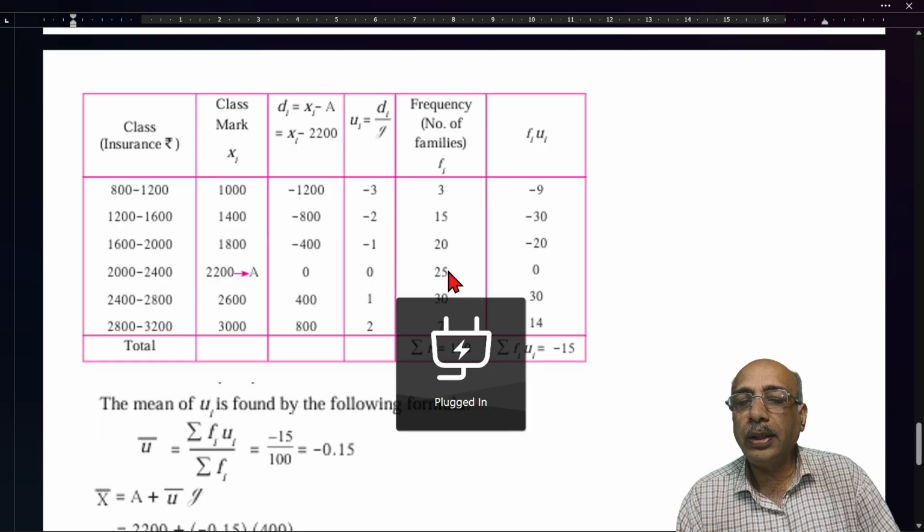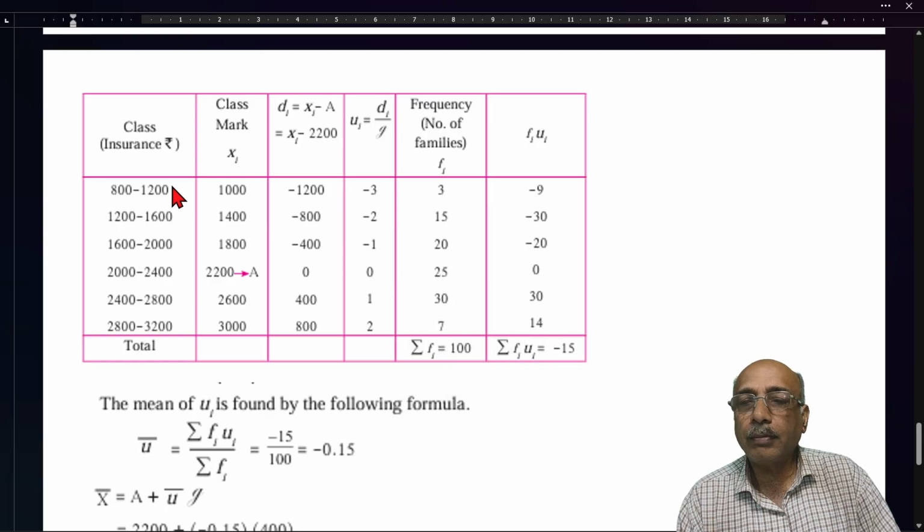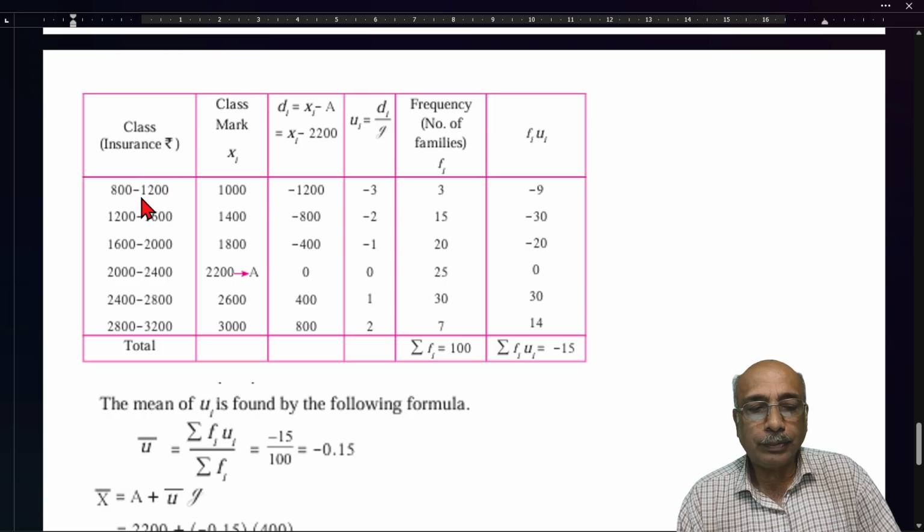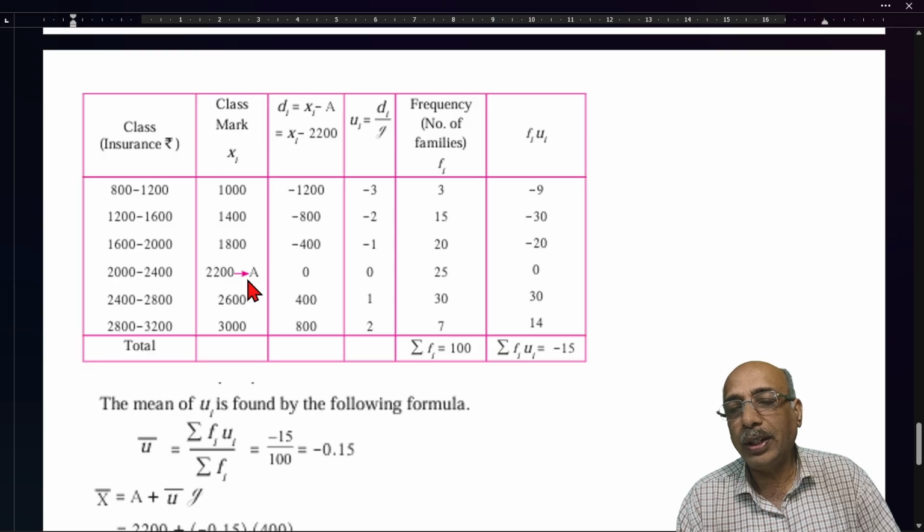Here you see, the classes are given. So 800 to 1200, 1200 to 1600, 1600 to 2000, and so on, and the class mark you know how to calculate. In the assumed mean method, we take any one number in between as a.